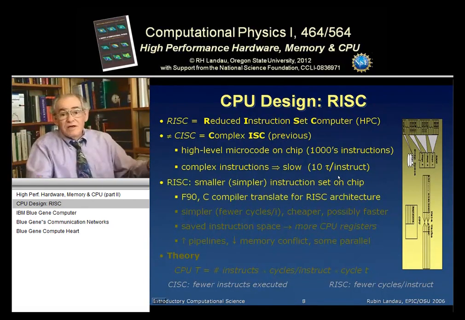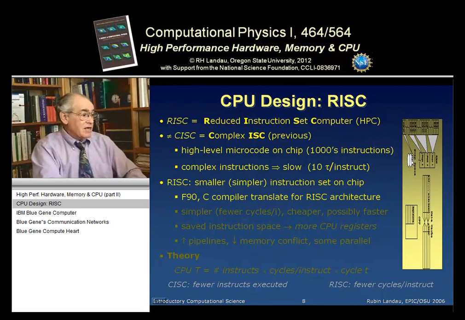So RISC was a philosophy, a bright idea, and said, why don't we instead make the central processor unit much simpler? Make it smaller and only let it have a small number of instructions that it can follow. And then we rely on compilers, the Fortran, the C compiler, to be very smart and figure out how to make best use of these instructions for itself.